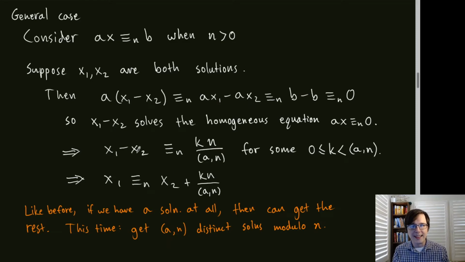And then by adding x2 to both sides, we can see that x1 has to be obtained from x2 for one of these k's. So that means that if we have a solution at all, then we can get all the other solutions by adding some multiple of the modulus over the GCD. And that's how we get everything. So the question is, how can we get a solution at all?